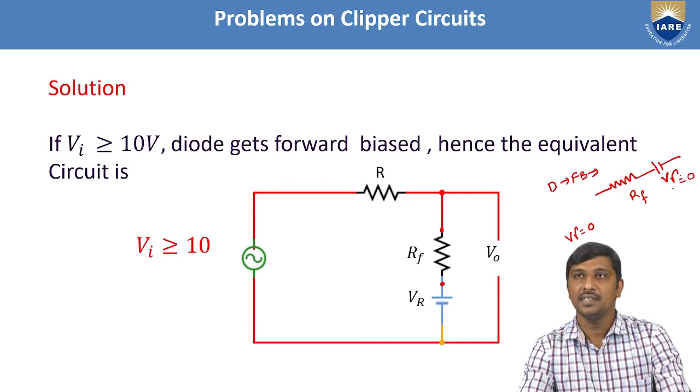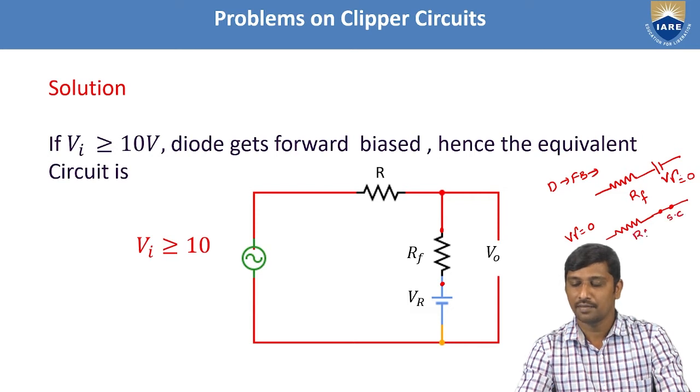So if the V gamma is 0, what happens here? If any particular voltage source is 0, that should be represented as a short circuit model. Hence, I'm going to redraw this model. So this is RF, and now V gamma is 0, which means the voltage source is replaced with a short circuit.